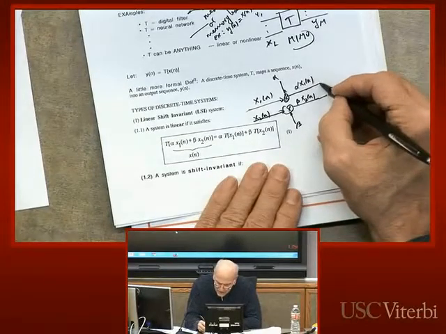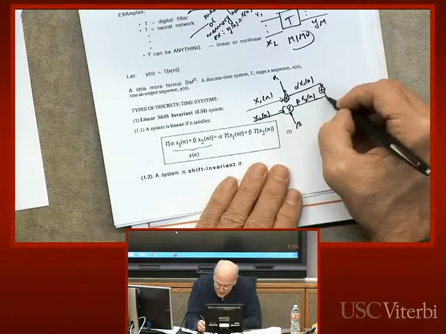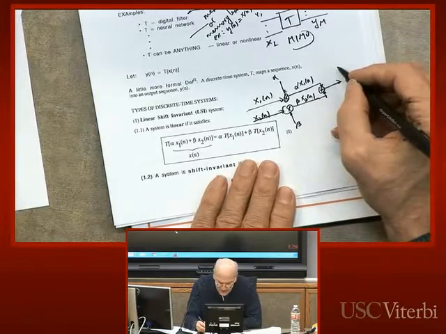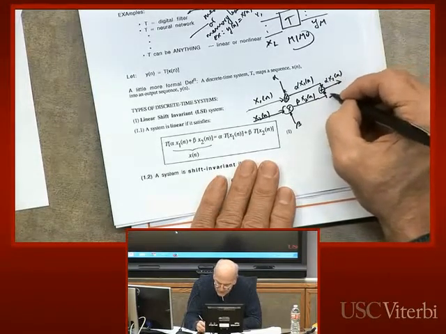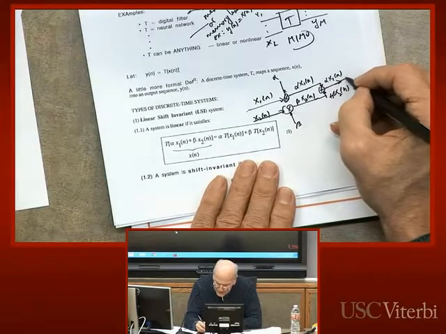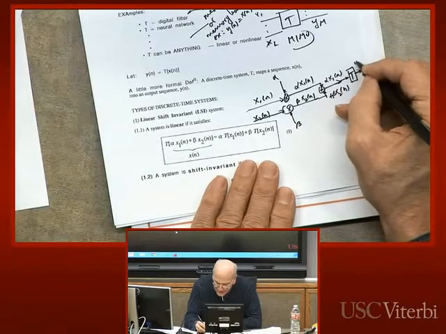Now what I do is I take both of these and put them into a summing junction to produce alpha x1 of n plus beta x2 of n. And now I feed that into a system T and output y.